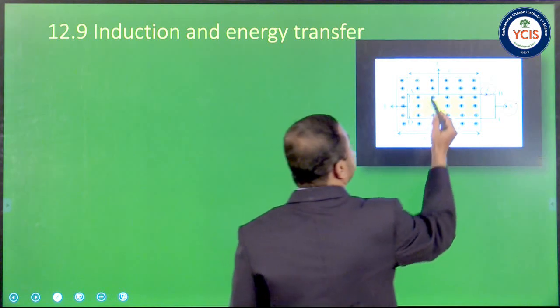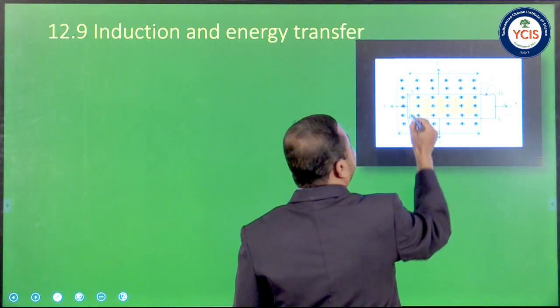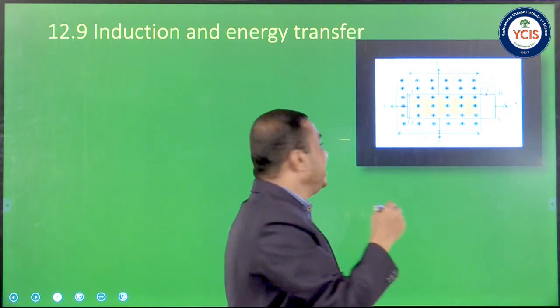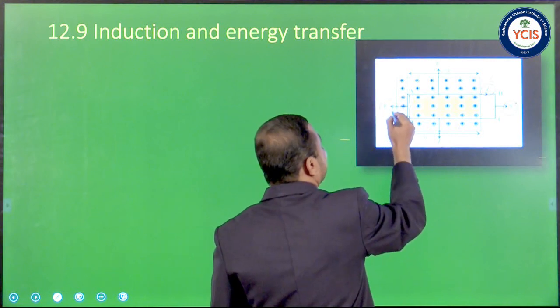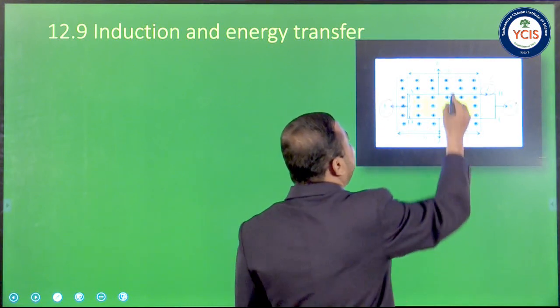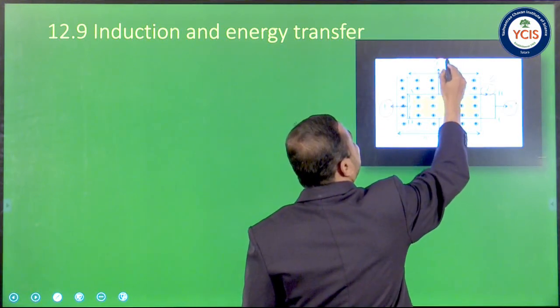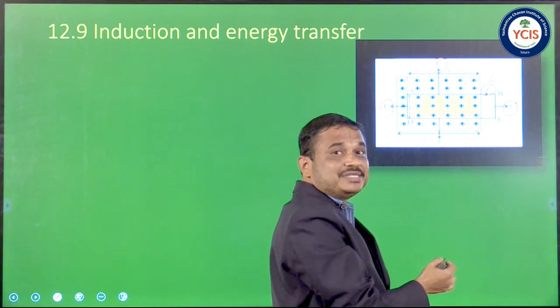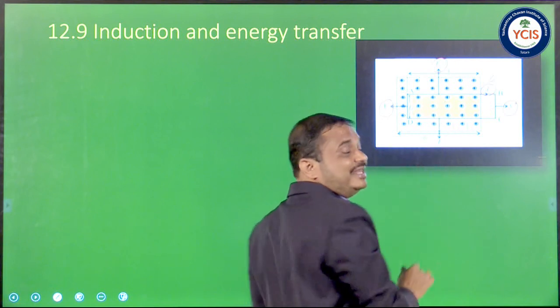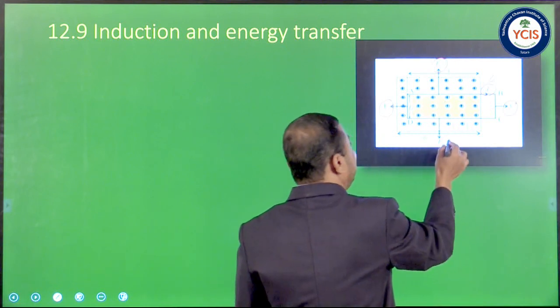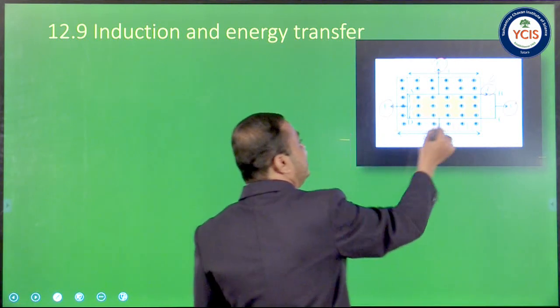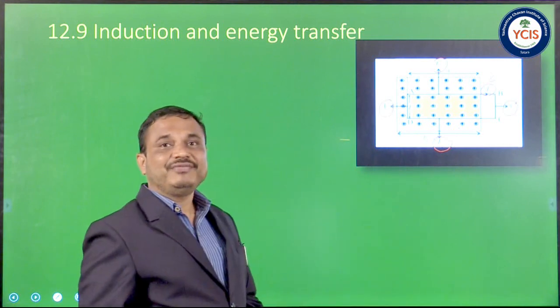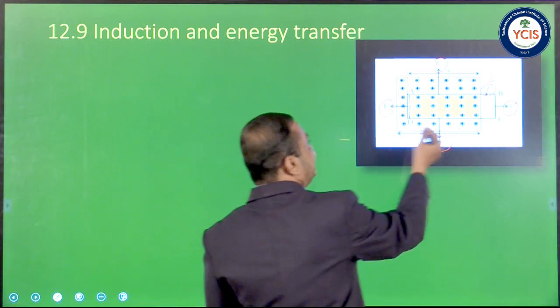So force F1 will act on side AD having length L. The force F2 will act on side AB, whose length x is inside the field, and the force F3 will act on side CD of length x.